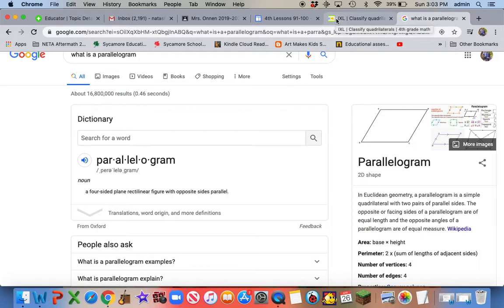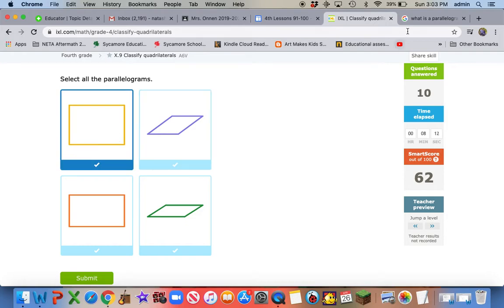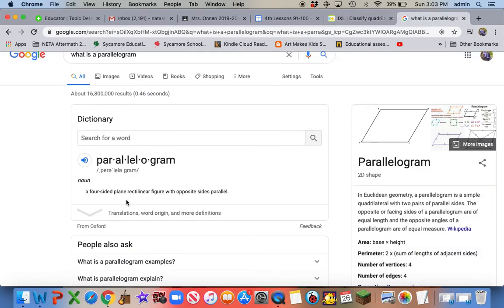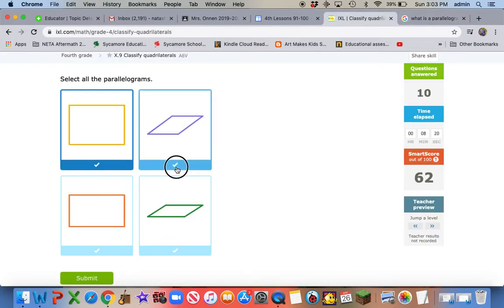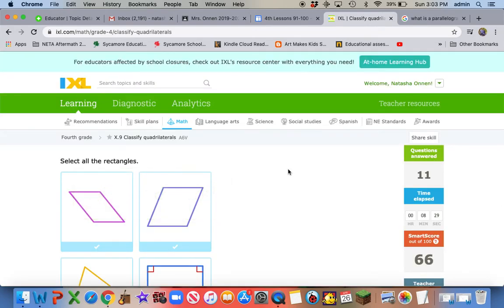You betcha. Can a square be a parallelogram? Definitely. Can a rectangle? You got it. Yes, parallelogram, because once again, a four-sided plane rectangular figure with opposite sides that are parallel. So it means they'll never touch. Yep, these are never going to touch because the lines could go on forever and they would never touch.